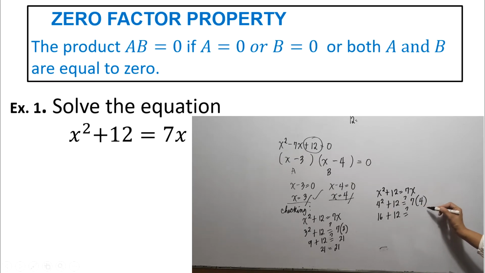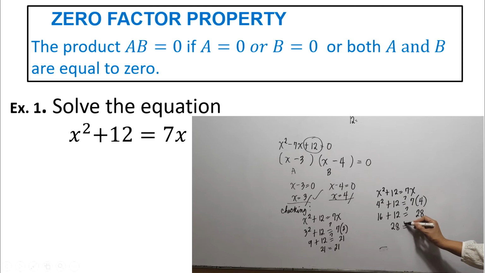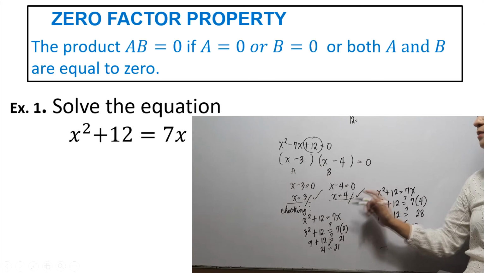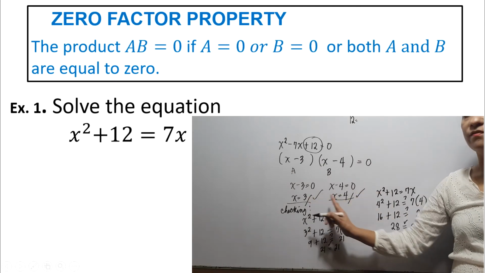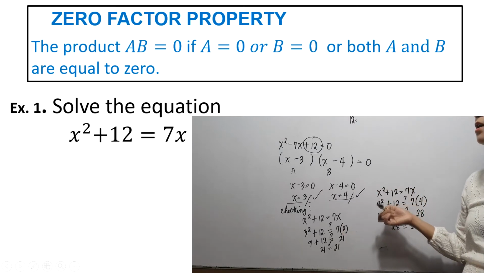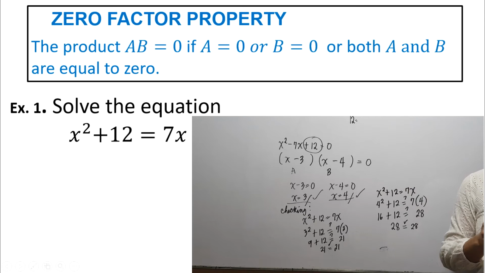Is that equal to, what is 7 times 4? Okay, 28. 16 plus 12 is, alright, 28. So 28 is equal to 28. So therefore, the two values of x are the solutions or roots of the given quadratic equations.